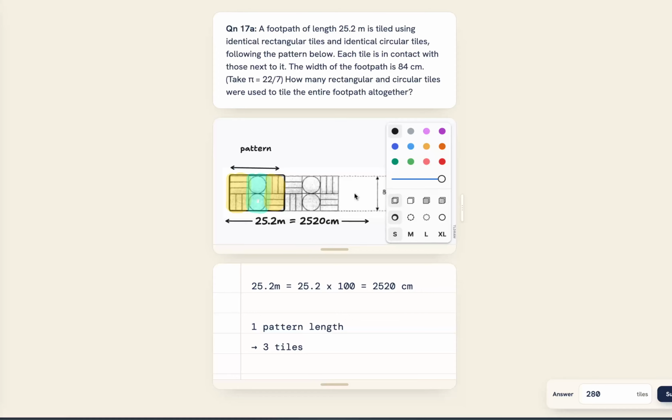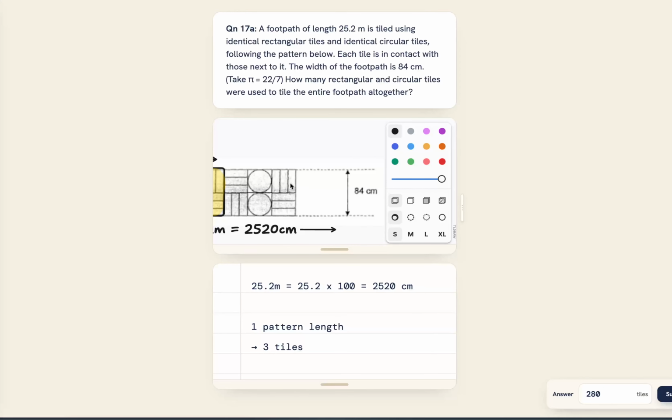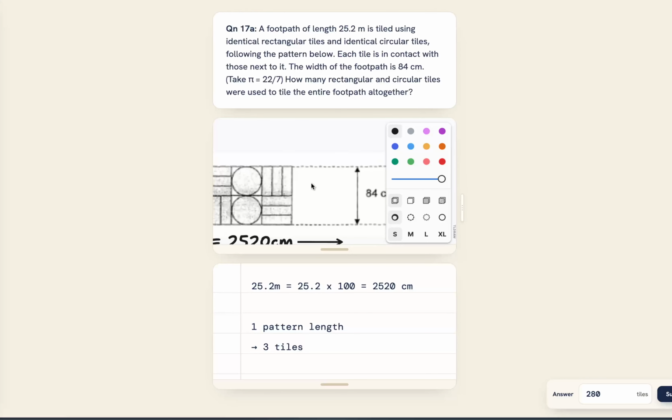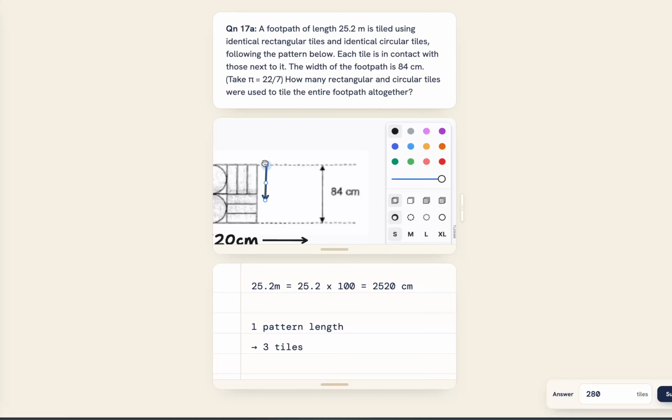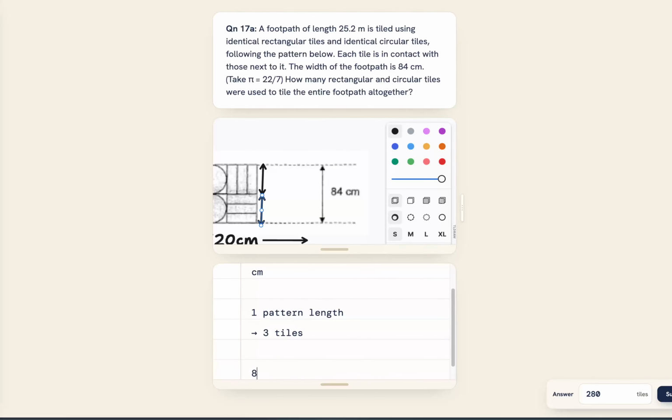From here, we actually know the length of each tile, because this is 84 centimeters. Since this is two of the same thing, 2 tiles is equal to 84 centimeters. 1 tile is then equal to 84 divided by 2, which is 42 centimeters.